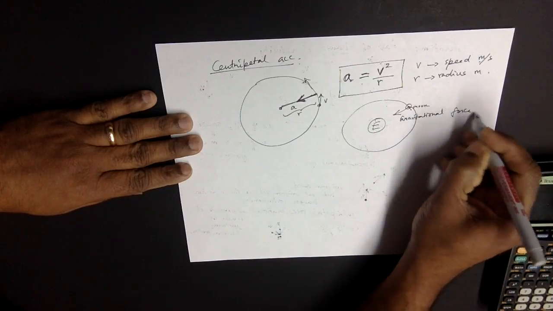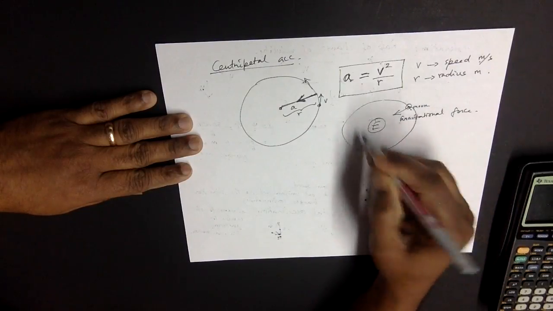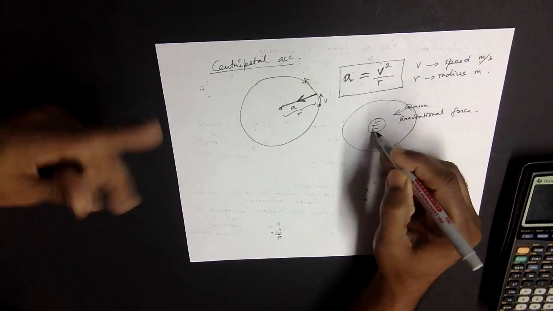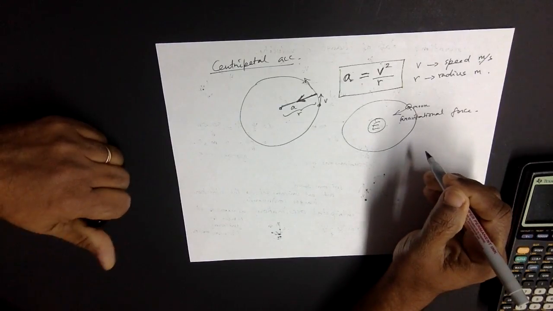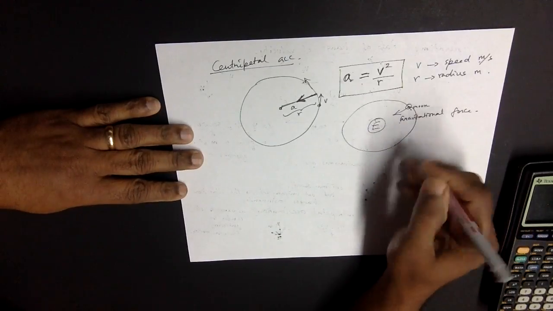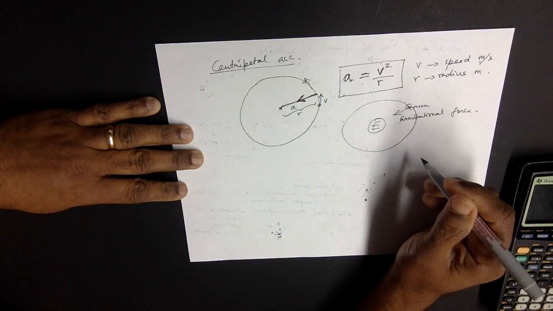The gravitational force between the moon and the Earth provides a centripetal force for the moon to go around and around. What about the electron around the nucleus? The electrical force, the electrostatic force takes it round and round. So you should be able to recognize what force is taking an object round and round.